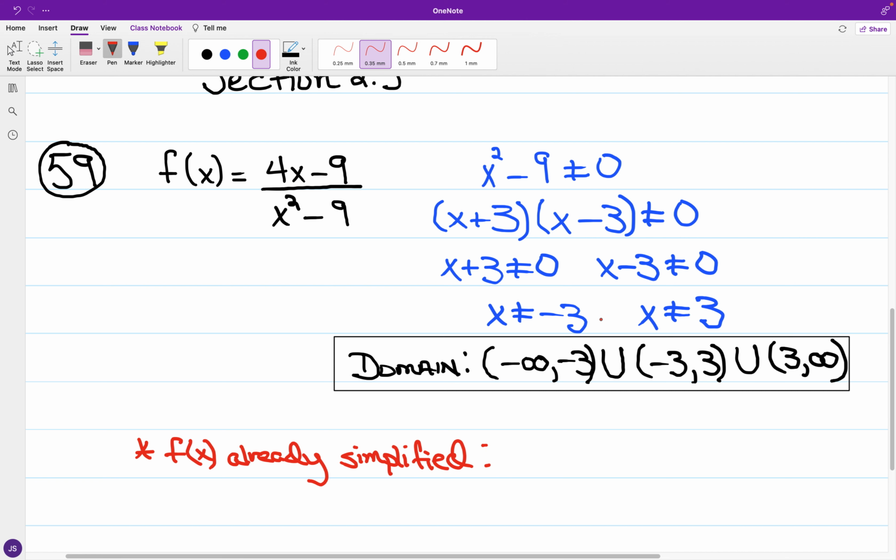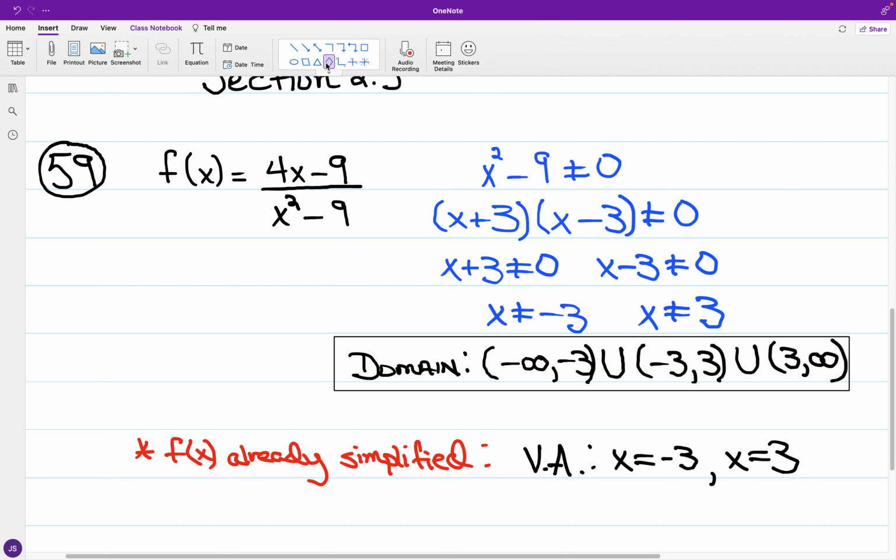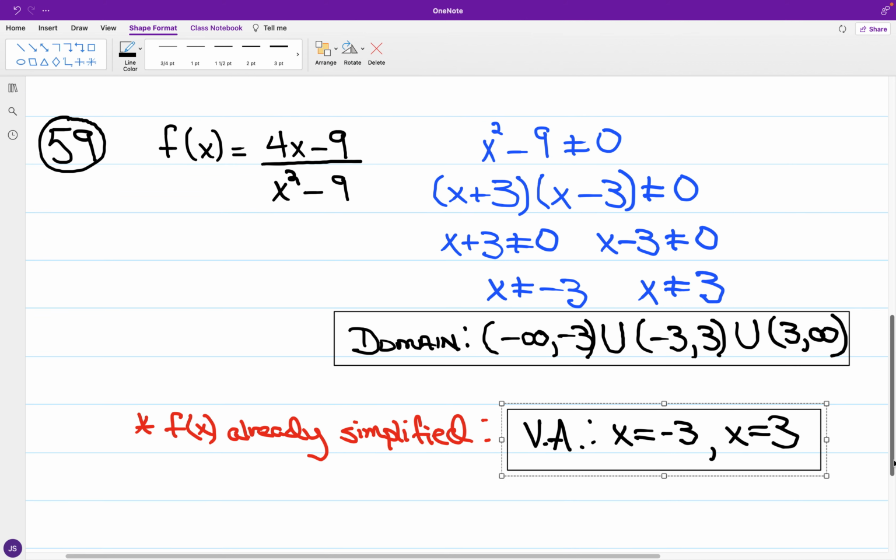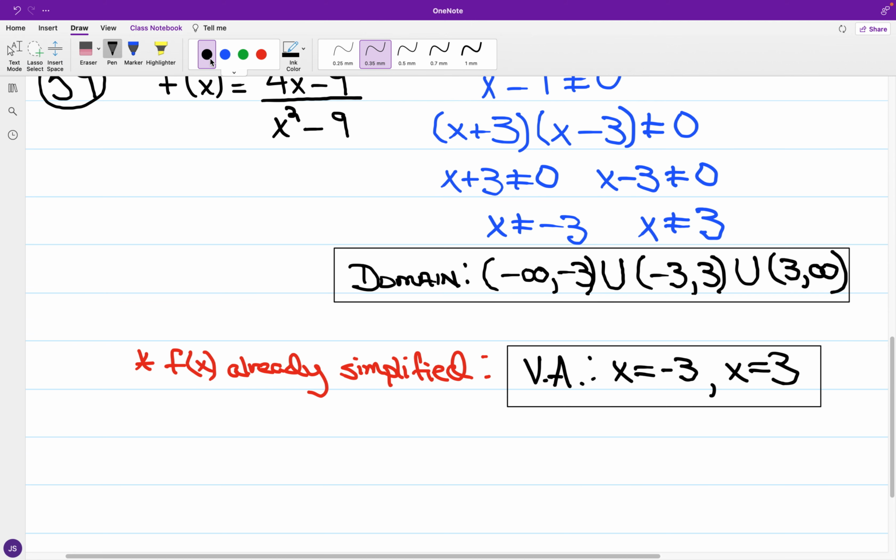And that means that negative and positive 3 are going to be the vertical asymptotes, since their factors would not cancel. So you have two vertical asymptotes, and now to see if we have any other asymptotes in the mix.